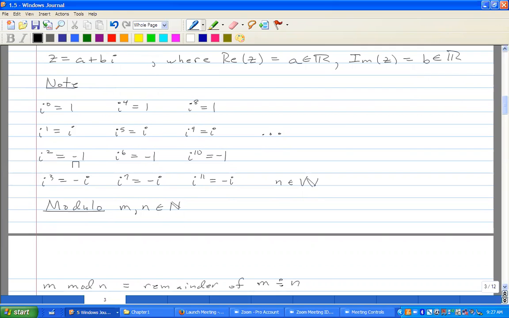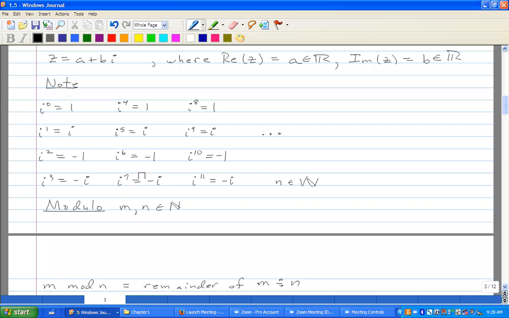Well, i times -1 is just -i. i to the 4th, well, that's i squared squared. i squared is -1. -1 squared is 1. i to the 5th is i times i to the 4th. So i times 1 is just i. i to the 6th is just i times i to the 5th. i times i is just -1. i to the 7th is i to the 6th times i. i to the 6th is -1 times i is -i.